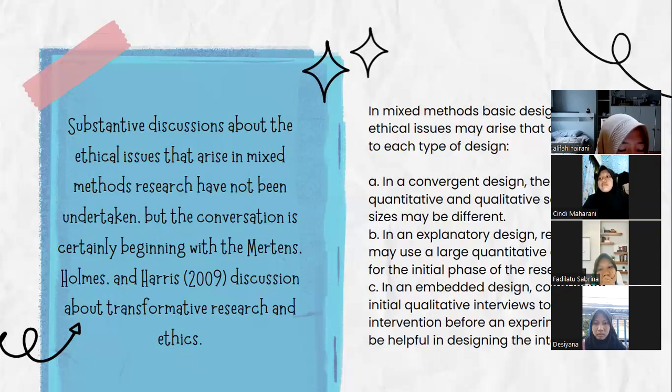And the last one is conducting initial qualitative interviews to build an intervention before an experiment, which may be helpful in designing an intervention. However, using the initial interview data to place participants in a control group where they do not receive a beneficial treatment presents an ethical issue.